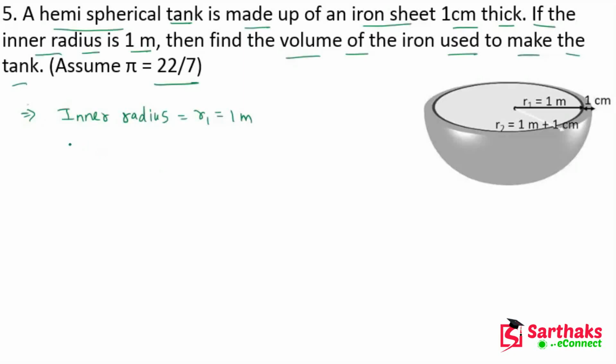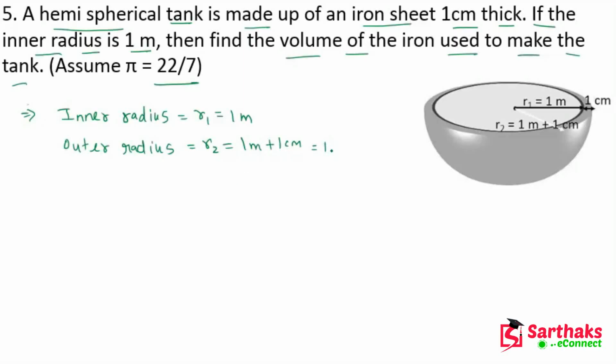So the outer radius, let's suppose this is r2, is equal to 1 meter plus the thickness, which is 1 centimeter. So now we have to convert it into meter.